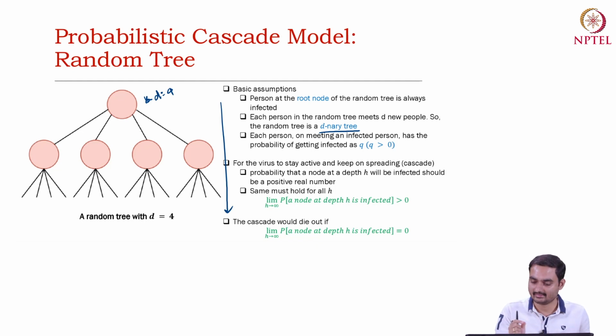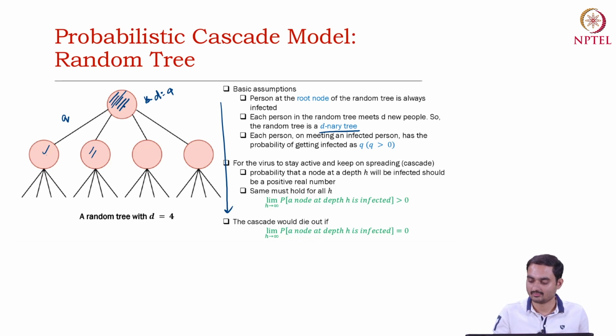Each node has d neighbors, and we also assume that the first node, the root node, has already got infected, and the probability that a person will infect another person is q. So with probability q, this node will infect its neighbor, and so on and so forth. With 1 minus q probability, the neighbor will not be infected.